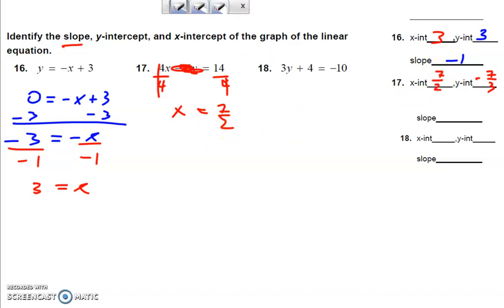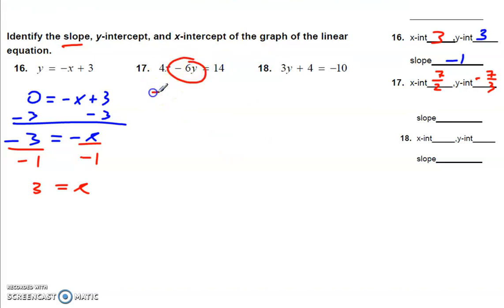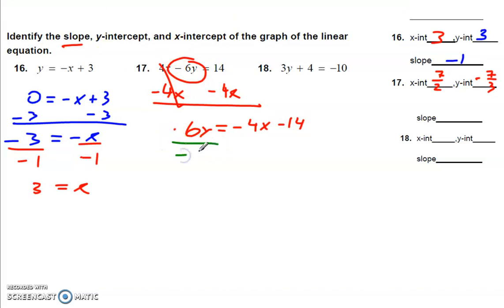And then now finally for the slope, I do need to solve this for y. Subtract 4x from each side. Minus 4x, boom, -6y is equal to -4x minus 14. Divide by -6, that was a negative here. Divide by -6, each one of these.